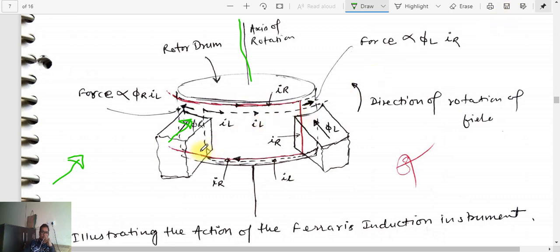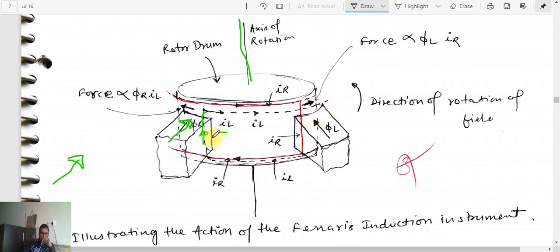Okay, this is the flux. This is the flux phi R entering this side, and the induced EMF is generated, and the induced current is like this, direction is like this. This is the IR, direction upward, and this is set up like this.